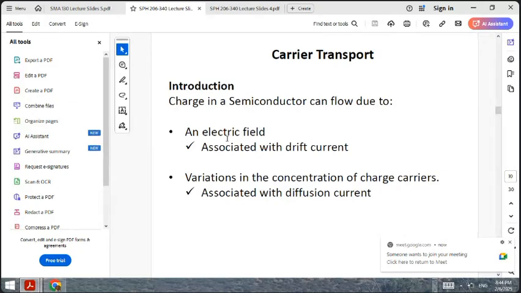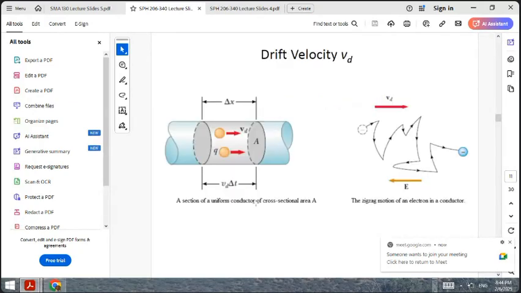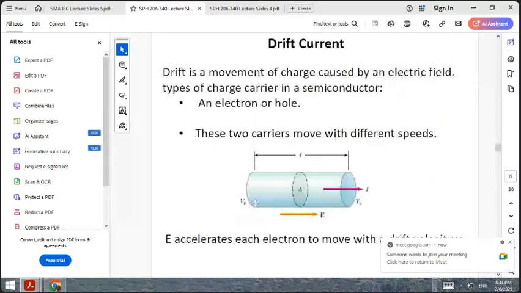Diffusion current is caused by differential concentration. We gave those definitions here.